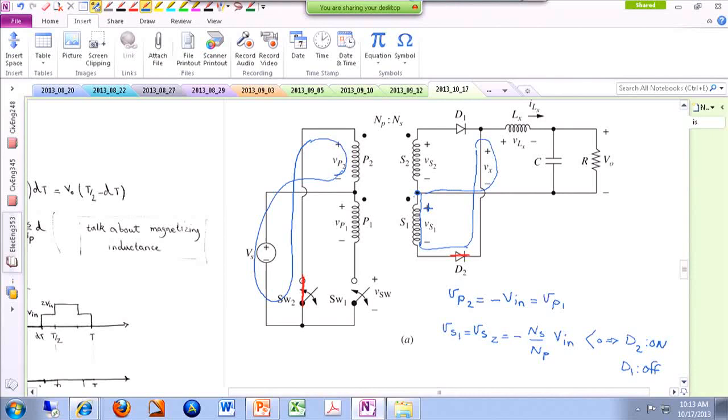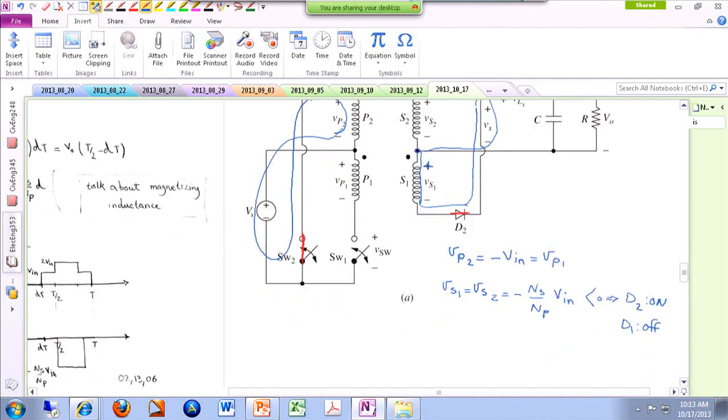So what you can say is Vx that we are interested in finding is the opposite of Vs1. And because Vs1 is already negative, therefore Vx is positive, and it is Ns over Np times Vn.